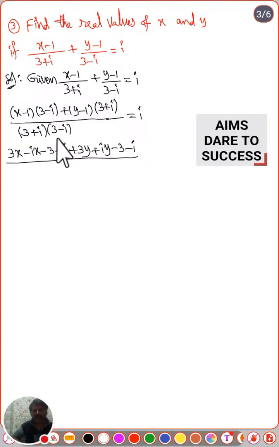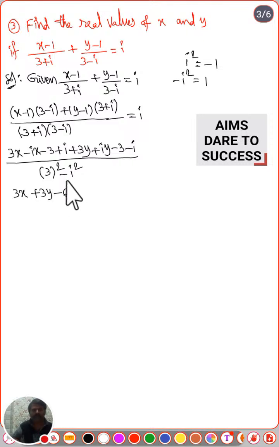Divided by (3 + i) into (3 - i). This looks like (a + b)(a - b), which is a square minus b square. That is 3 whole square minus i whole square. i square value is minus 1, minus i square value, minus of minus plus 1. So 3x plus 3y minus 3 minus 3 is minus 6.